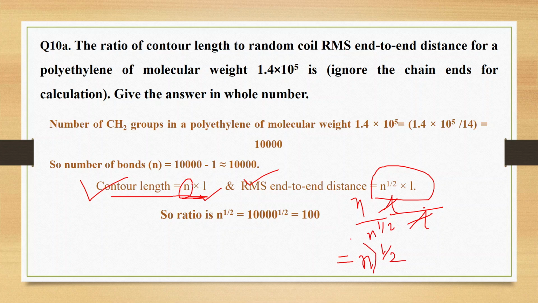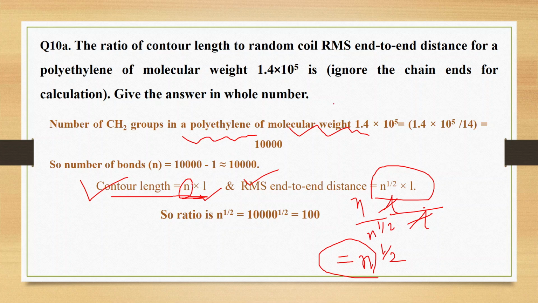Now all that you need to do is to calculate the number of segments, or number of CH2 groups in this case, because it is only a polyethylene molecule, right? So you just need to calculate n. So this is your molecular weight, 1.4 into 10 to the power 5 is your polyethylene's molecular weight.